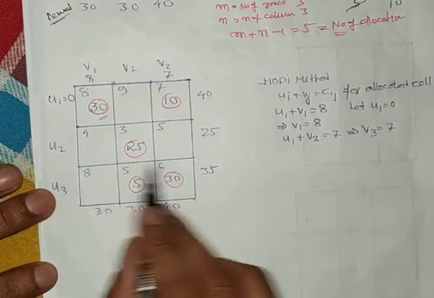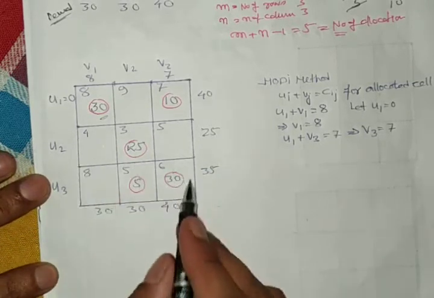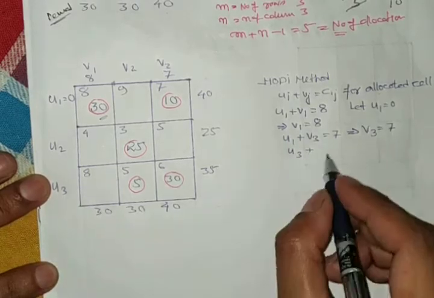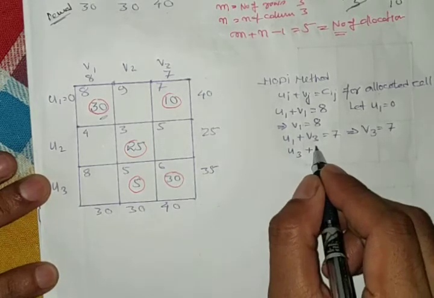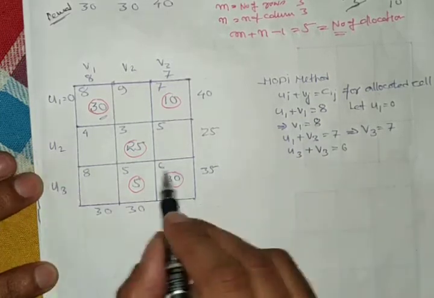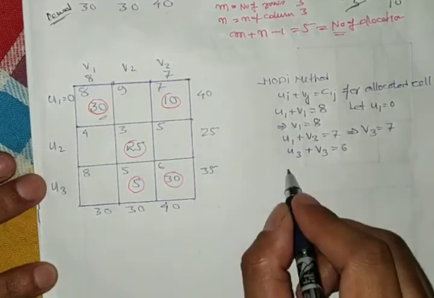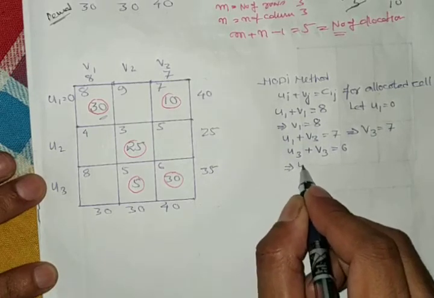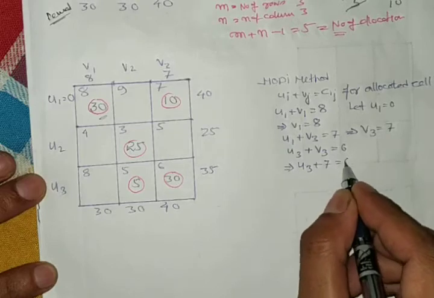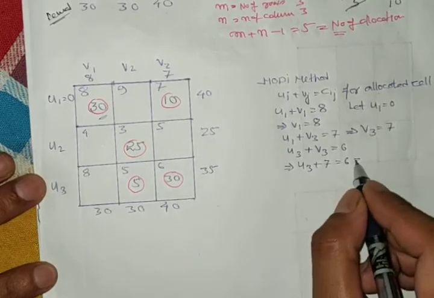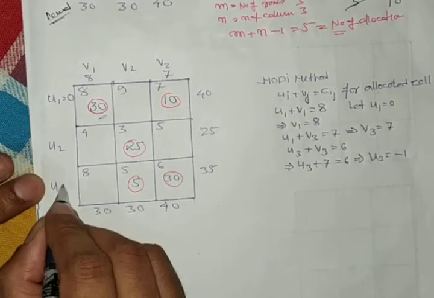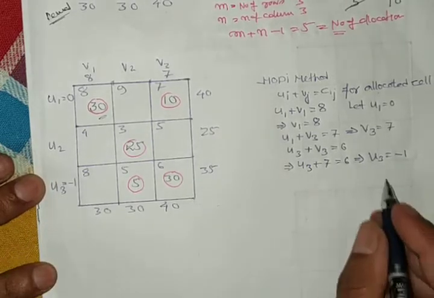Similarly, we can find out U3 plus V3 is equal to 6. So here V3 is 7 and this is 6, so ultimately U3 will be minus 1.